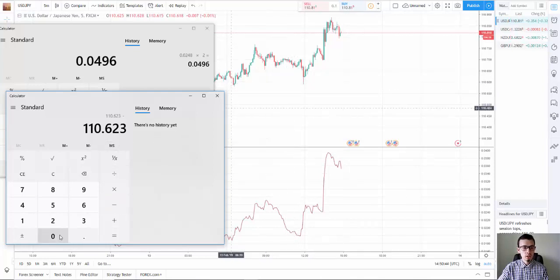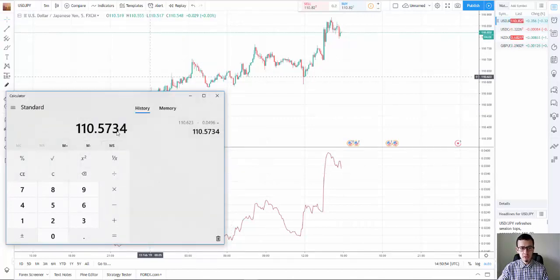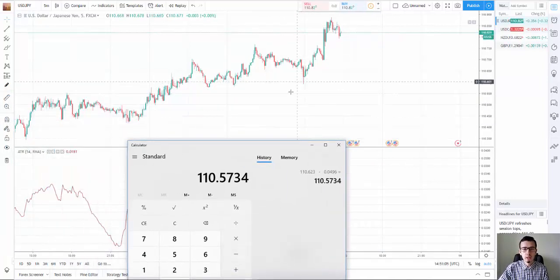So minus 0.0496, respectively, is 110.5734. So 110.5734 should be my stop loss. Simple as that.